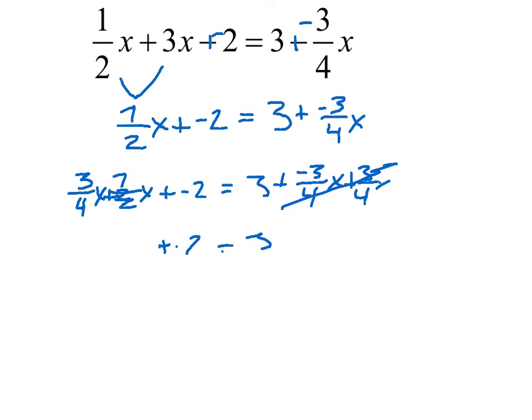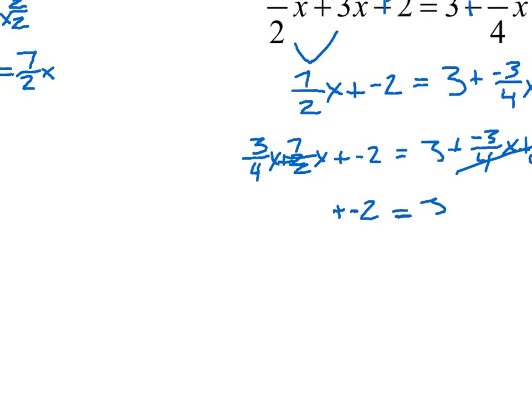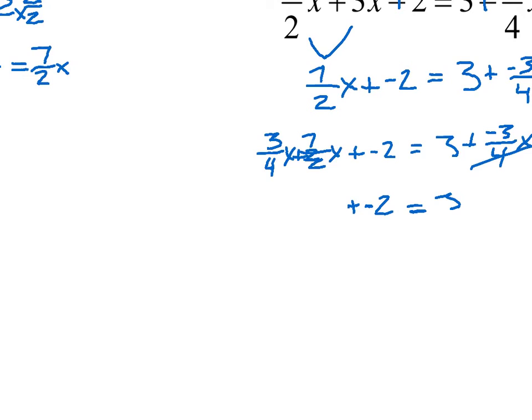This -2 has nobody to combine with, nobody to dance with, so he's going to stay there. However, the two x's can combine. We have to be careful with that, though, they are, again, fractions. 3/4 plus 7/2. Need to have what, Madeline? Common denominators, times 2/2.